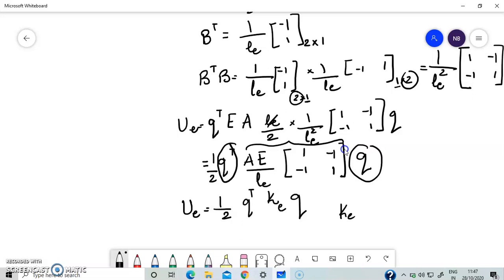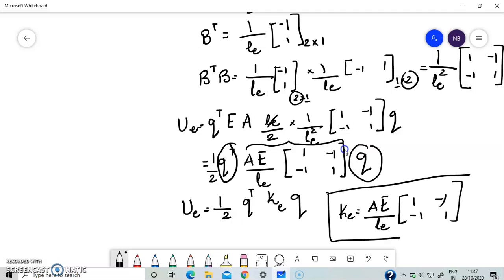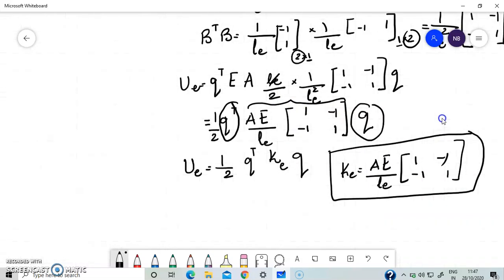So K_e is nothing but A_e upon L_e times 1 minus 1, minus 1 1. This is what we wanted to derive. It is the stiffness matrix of a bar element, and this is going to be used for solving problems.